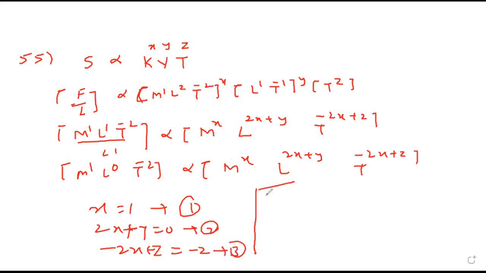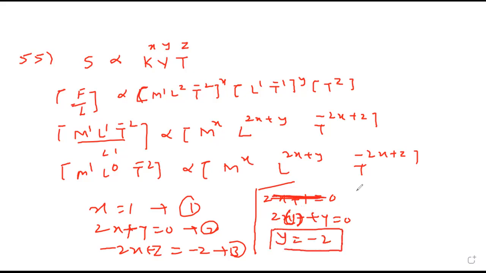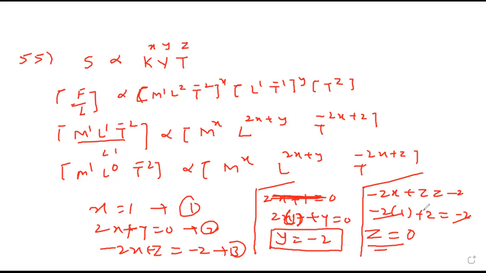Therefore 2x plus y is 0, so 2 into 1 plus y is 0, so y equals minus 2. Minus 2x plus z is minus 2, so minus 2 into 1 plus z is minus 2, the minus 2s cancel, z equals 0.